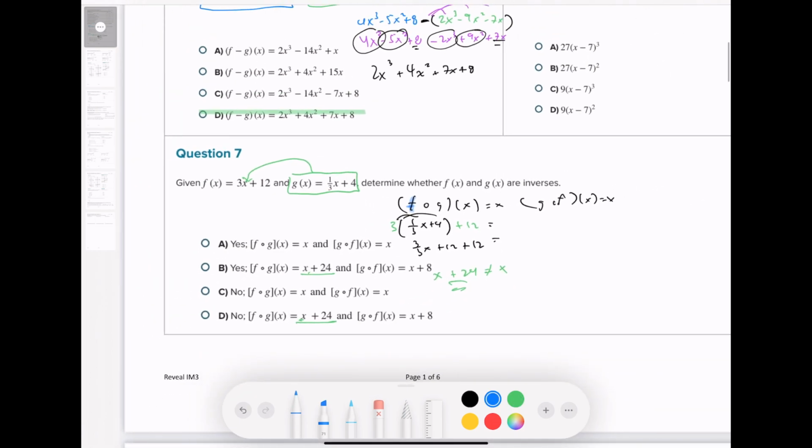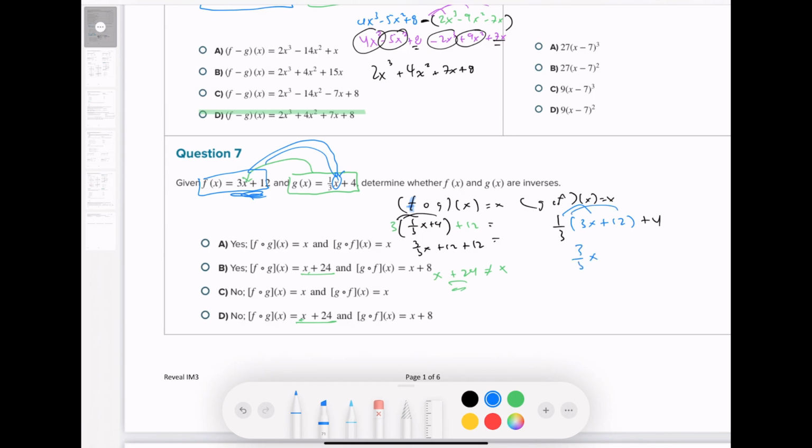Okay, g of f means the f function is going to go into every x value of the g. So 1/3 times, now this is going into every x value, 3x plus 12 plus 4.